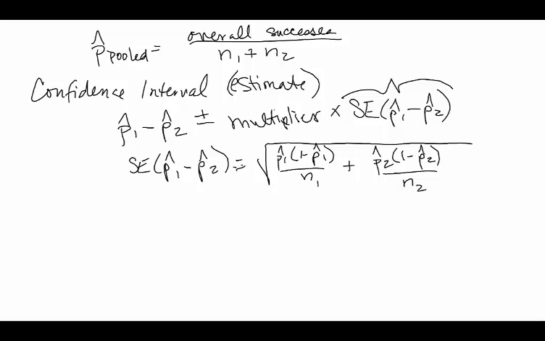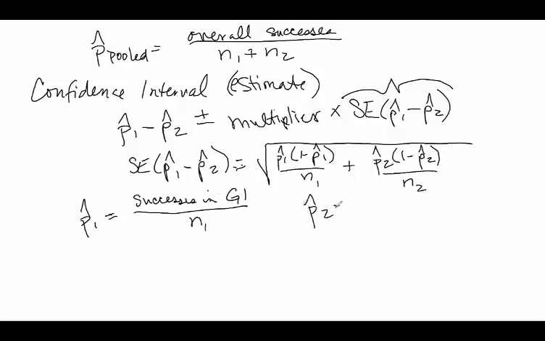So how would you get the p hat 1 and the p hat 2? Okay, so p hat 1 is the sample proportion in group 1. So it's going to be our successes in the explanatory variable group 1 divided by the sample size for group 1.